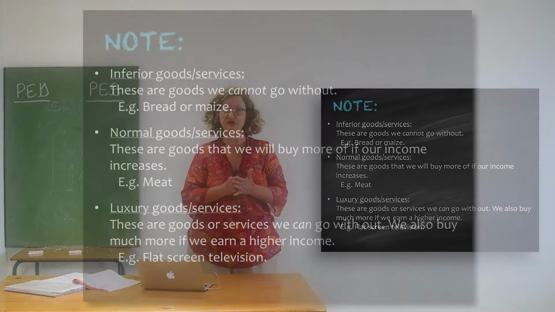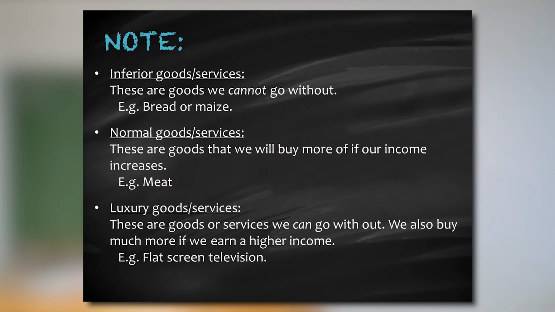An inferior good is a good we can't go without, like bread in our country, or like maize, or like mango. That is for us an inferior good. Then we get a normal good. I always say in our country, meat is a normal good, because the more income we get, the more meat we will use.